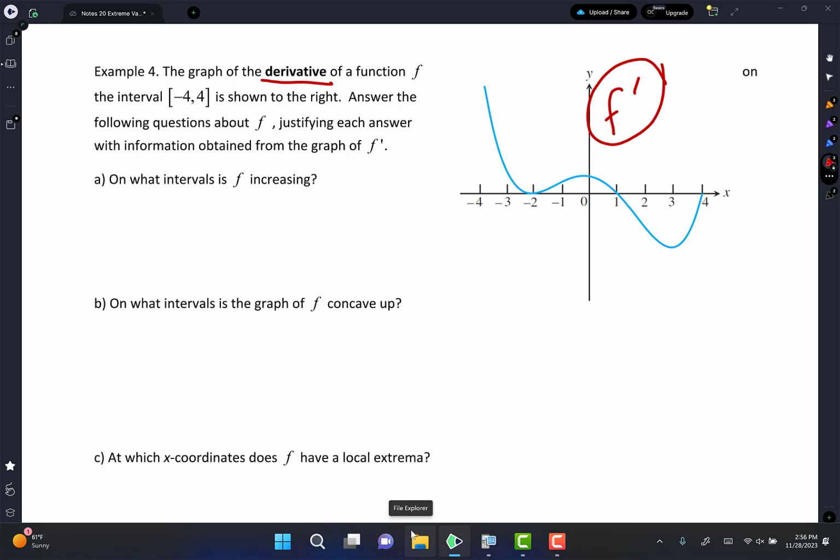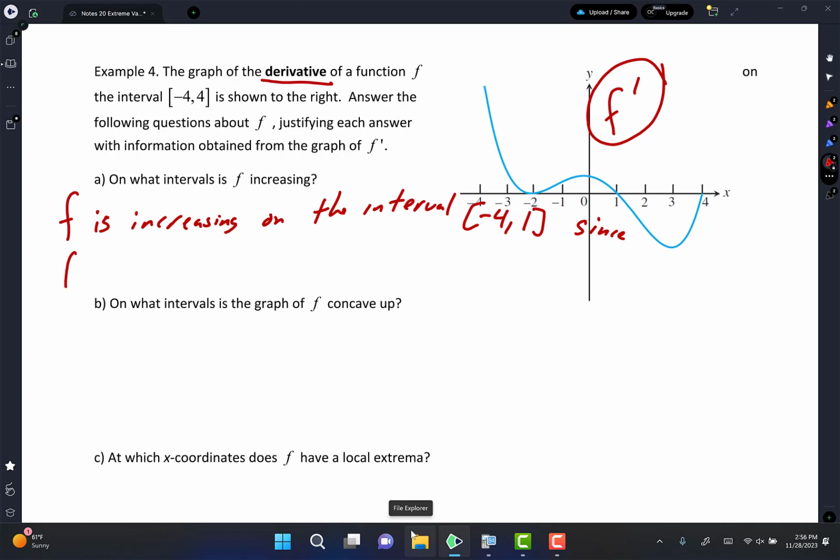No. F prime is increasing, but we want to know where f is increasing. F prime is positive, so f is increasing. Perfect. So here's how you say it. F is increasing on the interval. You increase and decrease on a closed interval. On the interval -4 all the way to 1. Notice that I closed it.